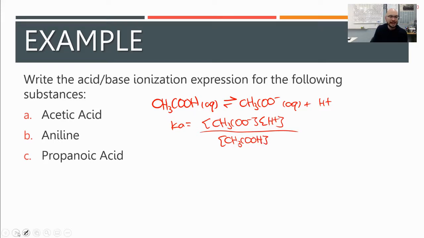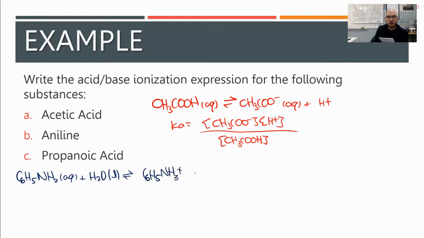Aniline, I'm not sure of the formula of that one, so I'm going to look in my book. It ends in ine, which should trigger me to think that this is maybe an amine, and therefore it'd be a base. So it is, aniline is C6H5NH2. So we get C6H5NH2 aqueous combined with water, as we do with all weak bases, making C6H5NH3 plus aqueous and OH minus aqueous.